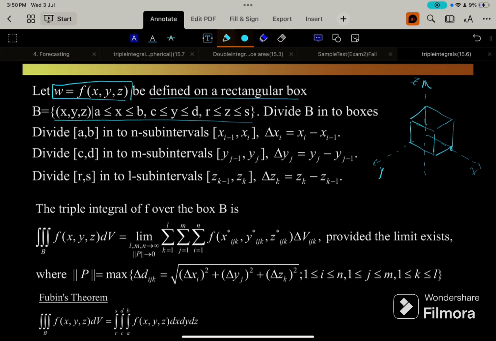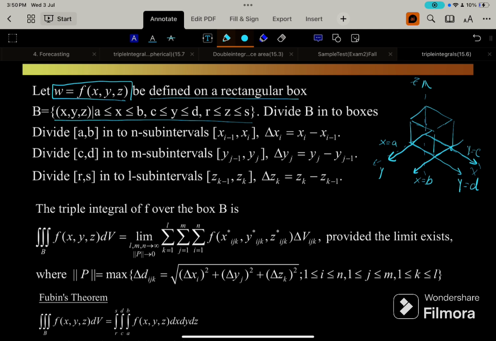Let's draw lines. So here we have x equals a, and here we have x equals b. Now this is for the x's. Now for the y, we're gonna have c, which is this line, y equals c. Then also we're gonna have y equal to d.